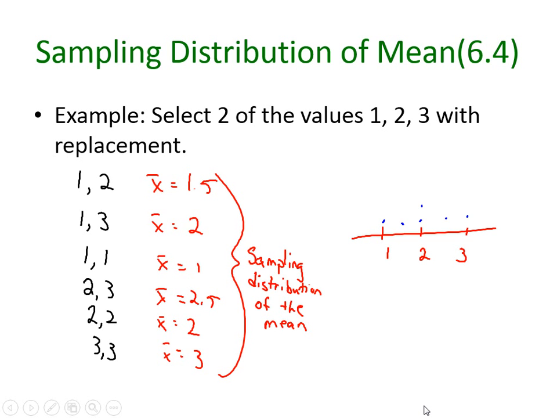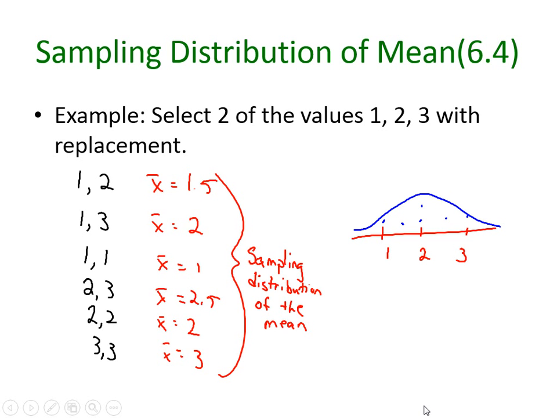Now, this is a very small sample space with a very small population to start with, but what kind of shape does that look like? Looks pretty close to a normal distribution. Okay, that's a little too high, but it looks a lot like a normal distribution.